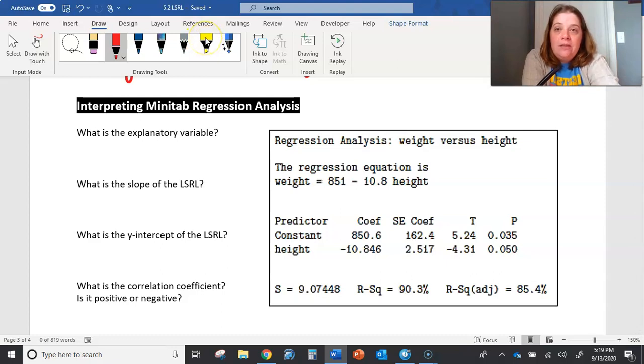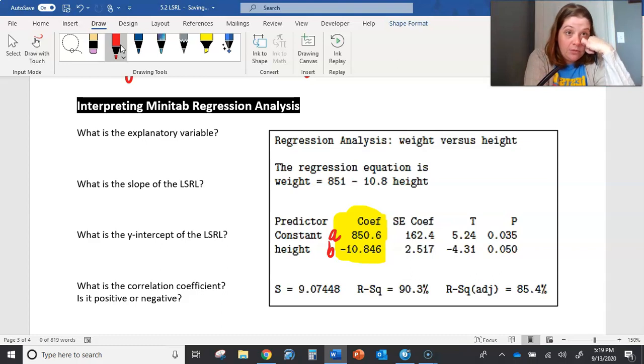So when you go to read this, here is what you basically want to look at. You want to find this thing that says coefficient, okay? This coefficient column should have two numbers in it. The first number is the A and the second number is the B for your equation. Okay, so A plus BX.